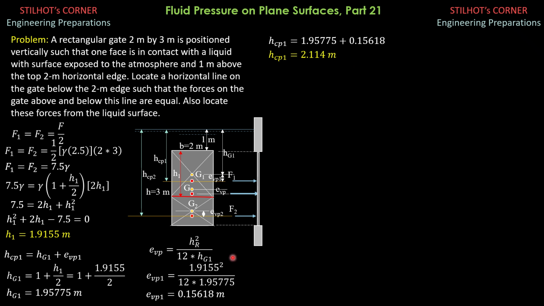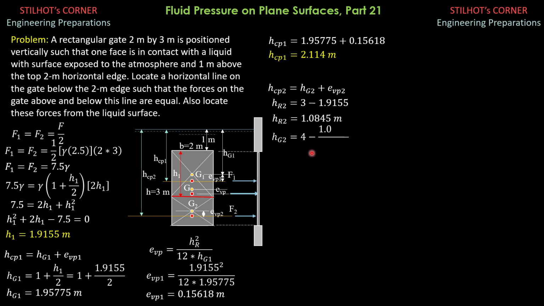Then for H sub CP2, it is HG2 plus EVP2. For the calculation of HG2, we need to know the height of the lower rectangle, which is 3 meters minus H1. So HR2 is 3 minus 1.9155, and it is equal to 1.0845 meters. Then Hg2 is equal to 1 plus 3, the bottom distance from the liquid surface, minus half of HR2.